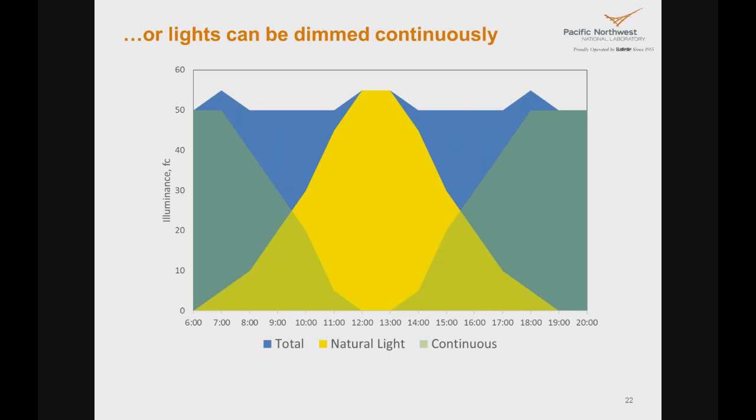So we can probably get more savings if we were to do continuous dimming. What happens in that case is that once the natural light is above a certain threshold, say maybe 5 or 10 foot-candles, you can continuously turn down the artificial lights in response to the natural light and maintain a much more constant target level.